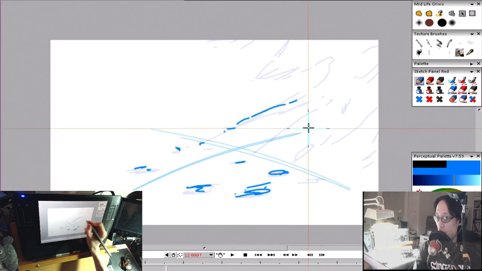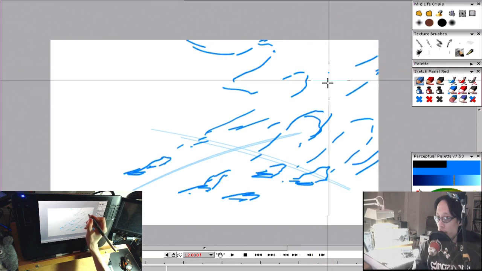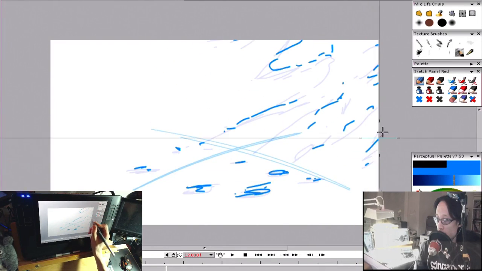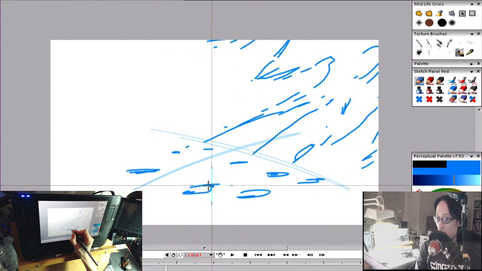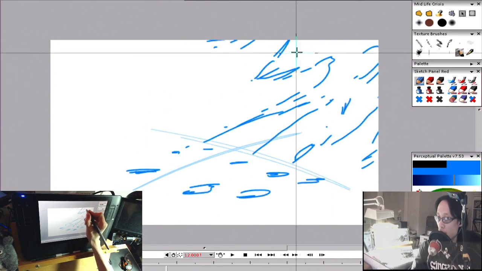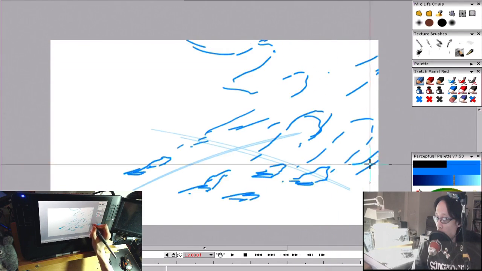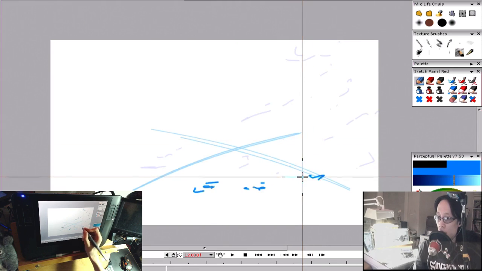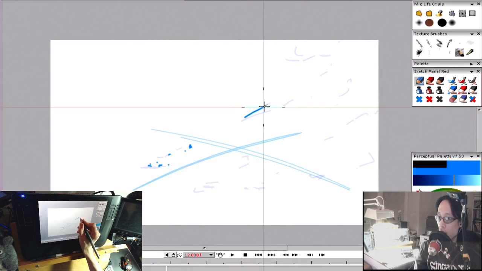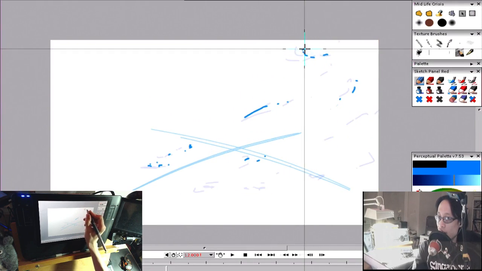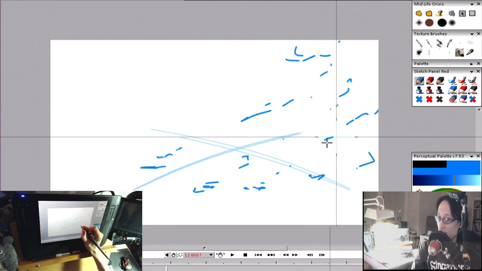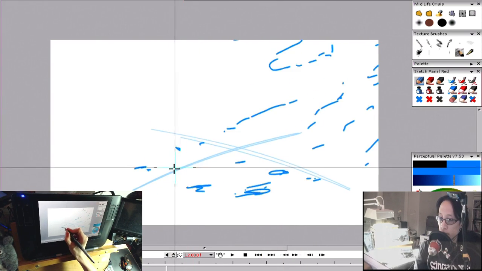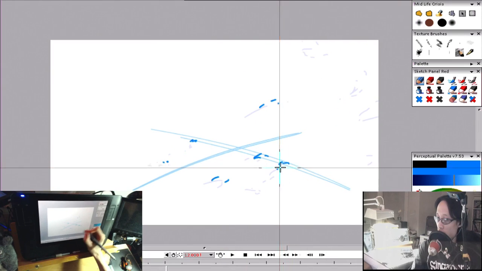We're almost done there. Another frame. It's always just look at a piece and keep tracking it.